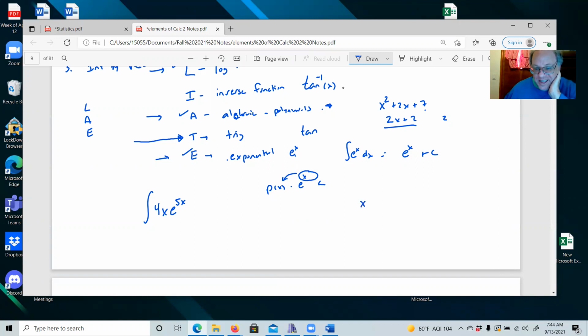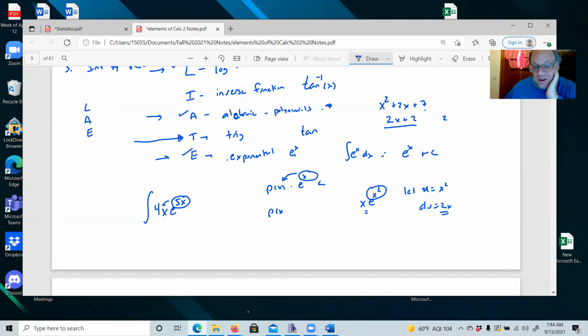If I have x e to the x squared, if I set u to be x squared, du is equal to 2x. Hey, what do you know? I happen to have a 2x there. Like any problem in the substitution section, and there are going to be a lot of these. But when this derivative is not there, that's an integration by parts.